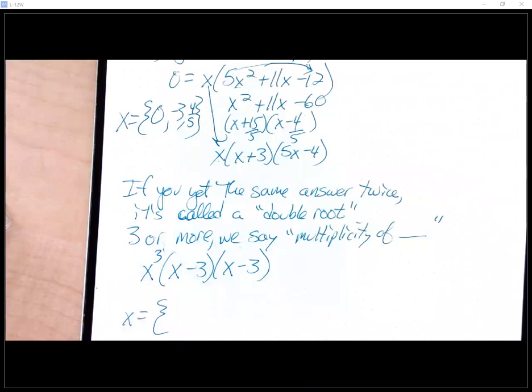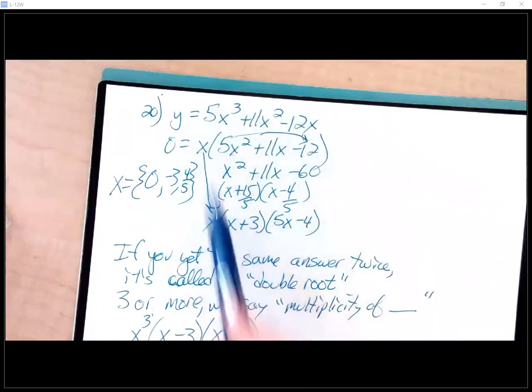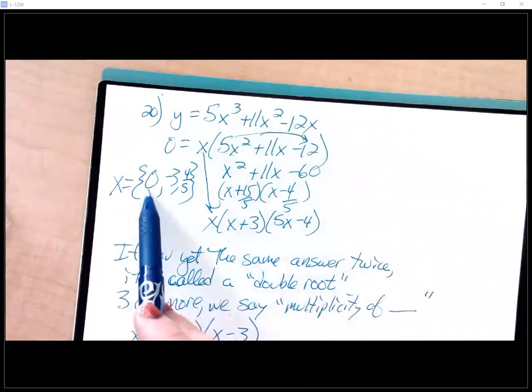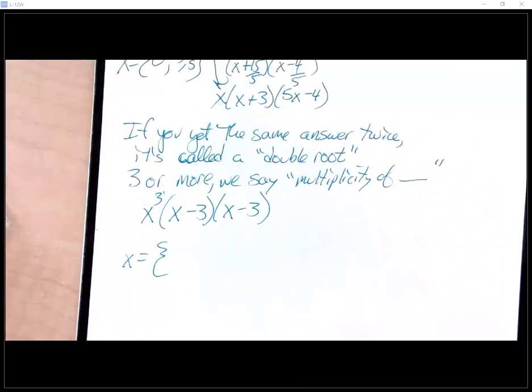Let's rewind. When I had a single x out there, didn't that give me a 0 as an answer? If there's just an x hanging out in front, that means I have 0 as one of my answers. If I had something like this, that means I'm getting an answer of 0 3 times. Because that's x times x times x, and each one of those x's represents a 0.